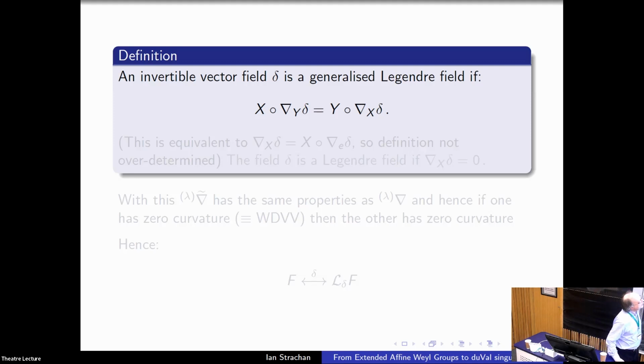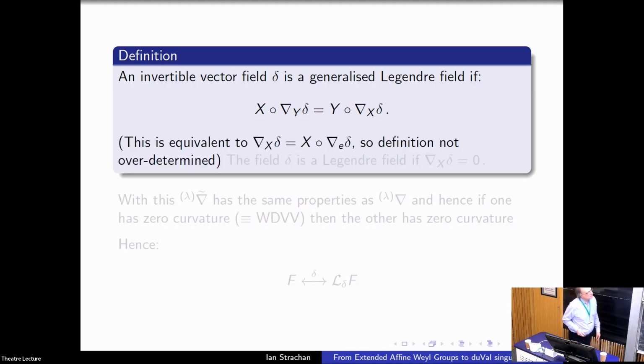X and Y are arbitrary vector fields, so we have more equations than unknowns. But remember, we also have an identity vector field. So if you let Y be the identity field, you get this system here, which manifestly has the same number of equations as unknowns, and that implies the first equation.